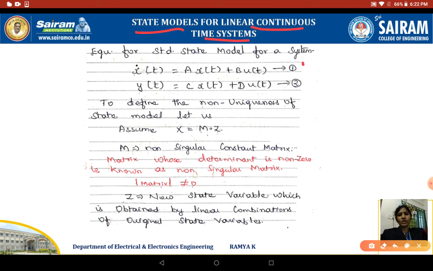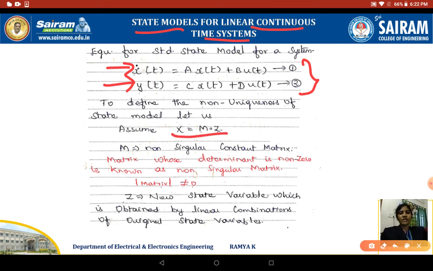This is the ordinary state equation and output equation. The first equation is the state equation, x dot of t equals Ax of t plus Bu of t. The second equation is the output equation, y of t equals Cx of t plus Du of t. Now, for this linear continuous time system, we are going to insert a new variable z, where x is equal to M into z.